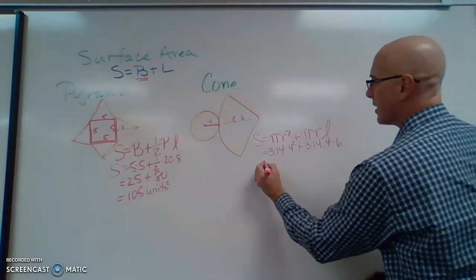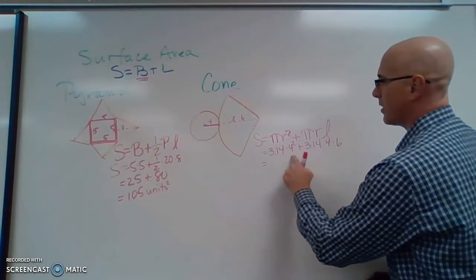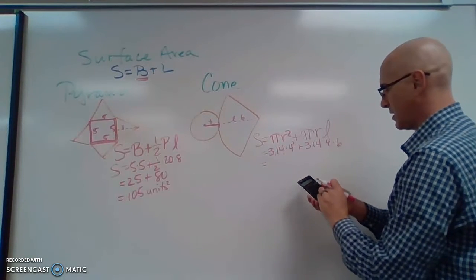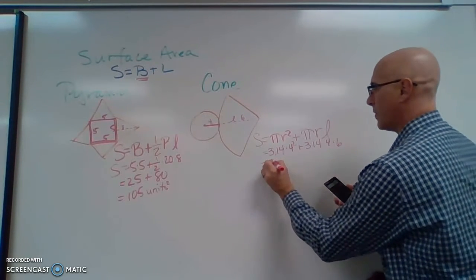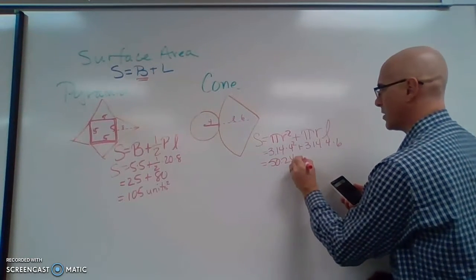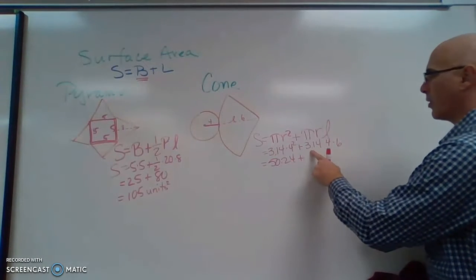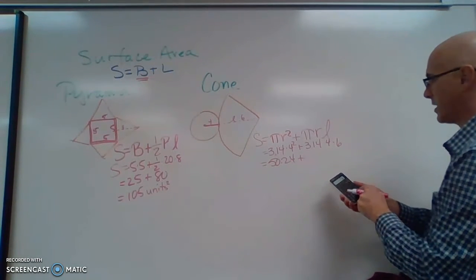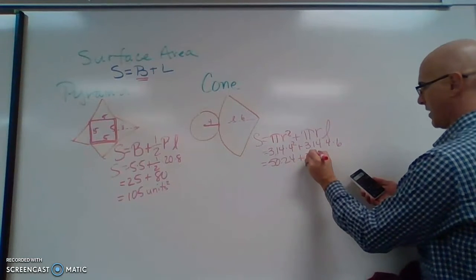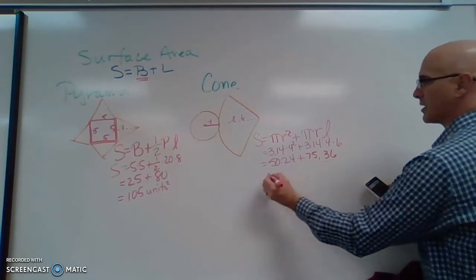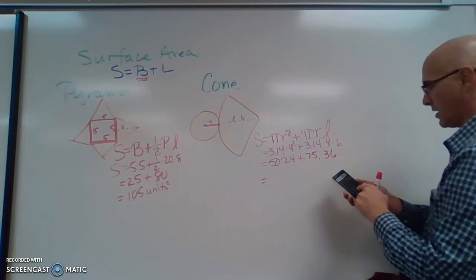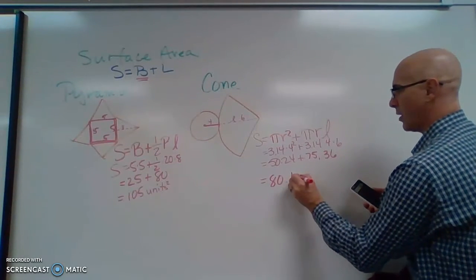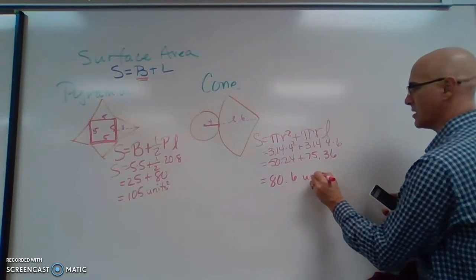The approximate area of the base, 4 squared is 16 times 3.14. It's 50.24. And now we are going to calculate 3.14 times 4 times 6. 75.36. When I add those together, we get 125.6 square units.